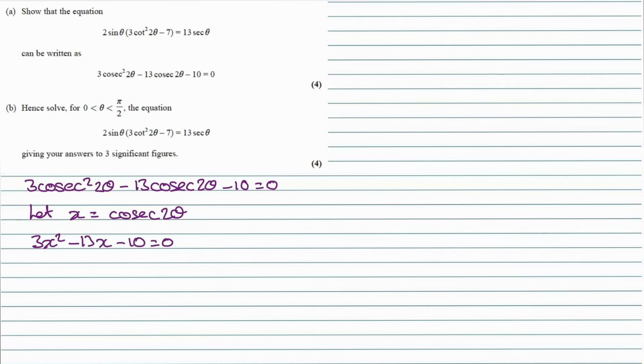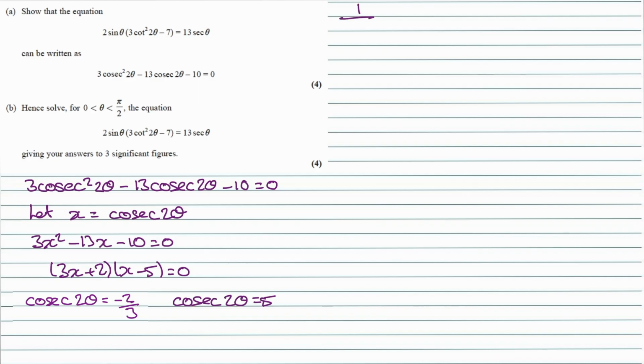And we can factorize this, so we've got 3x plus 2 multiplied by x minus 5. So you can see that cosec 2 theta, which is x, will be negative 2/3 and positive 5.